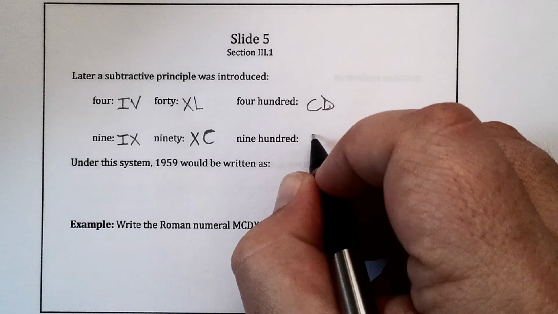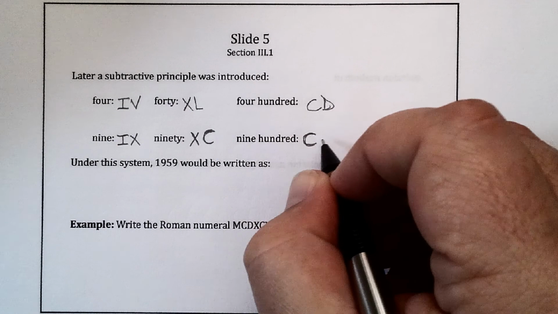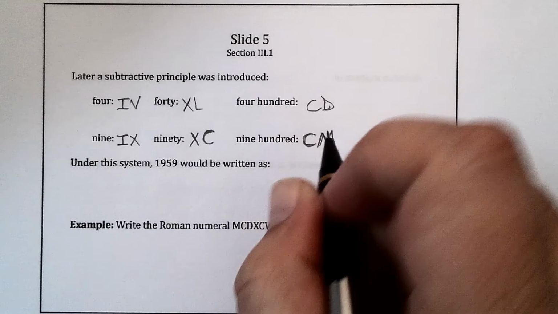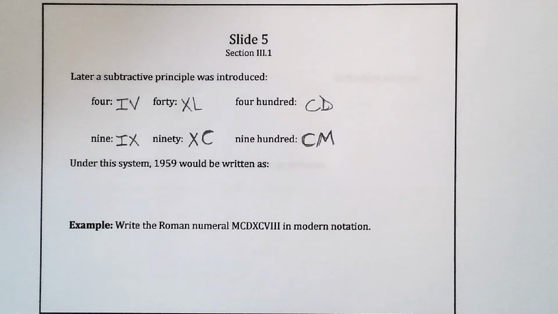And 900 is CM, it's 1,000 minus 100. So if you just remember what these 6 combinations mean, that pretty much covers everything.